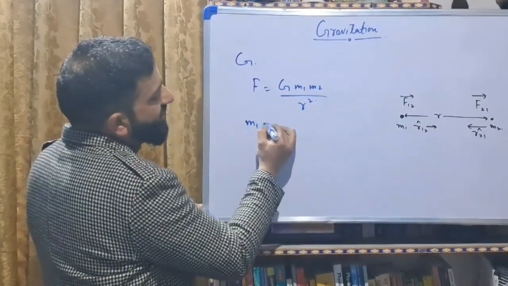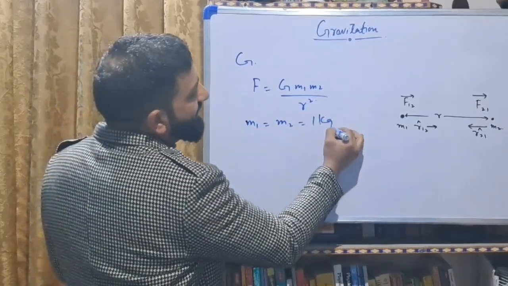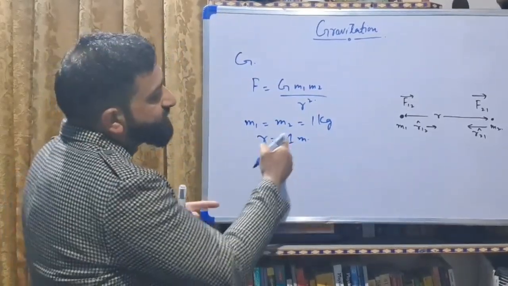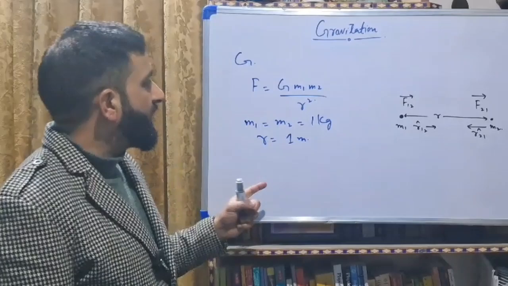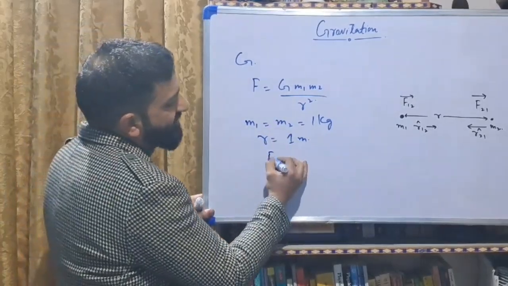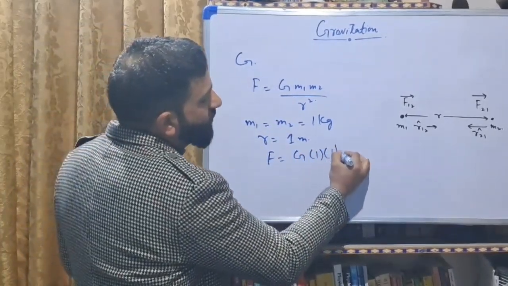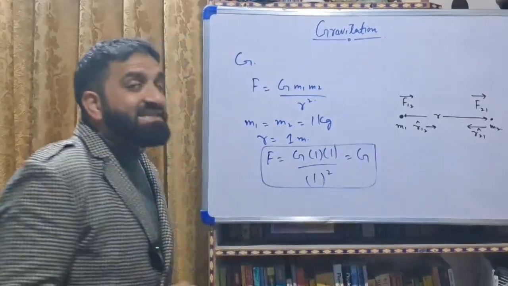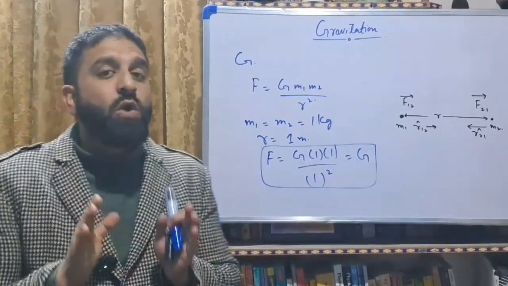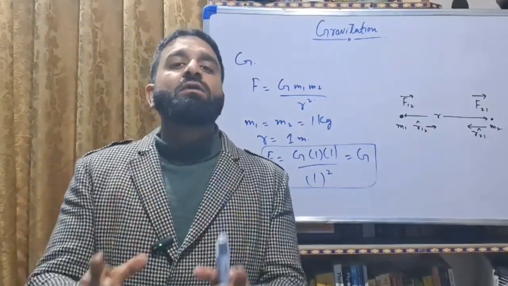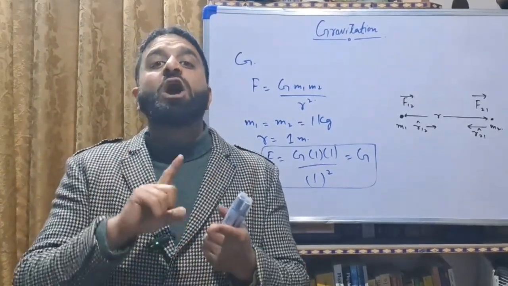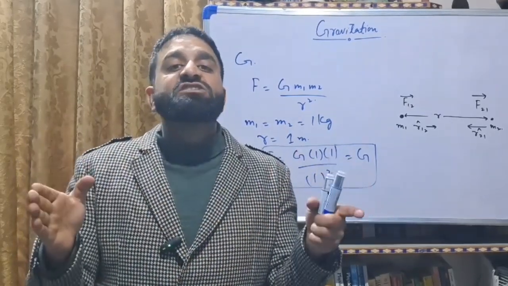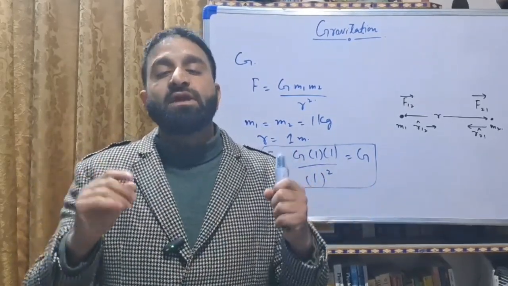If we take m1 is equal to m2 is equal to 1 kg each, and r is equal to 1 meter, in that case, putting the values of m1, m2 and r in this equation, we get F is equal to G into 1 divided by 1 square, that is equal to G. So we can say that the gravitational constant is numerically equal to the force between two bodies of mass 1 kg each, separated by a distance of 1 meter.